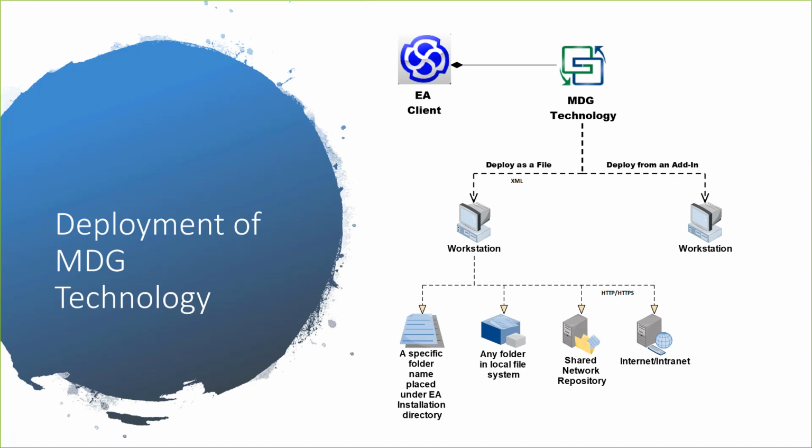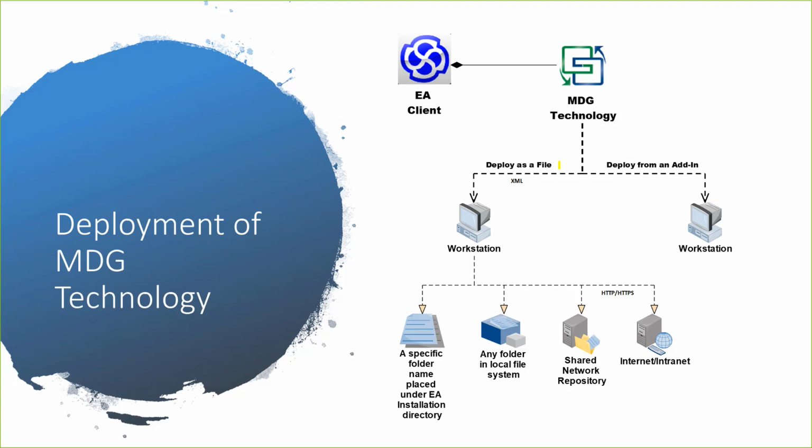The options of deployment of your MDG technology, just for you to understand: the final product is an XML file, and the XML file can be incorporated into your add-in, so it can be wrapped in, and the add-in can be an installer, and that would be automatically distributed to Enterprise Architect.